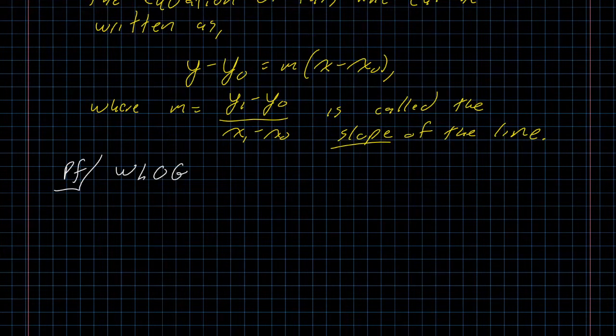We're going to deal with it by using a Woolog statement. I love Woolog statements because they let me get to say the word Woolog. Woolog stands for without loss of generality.